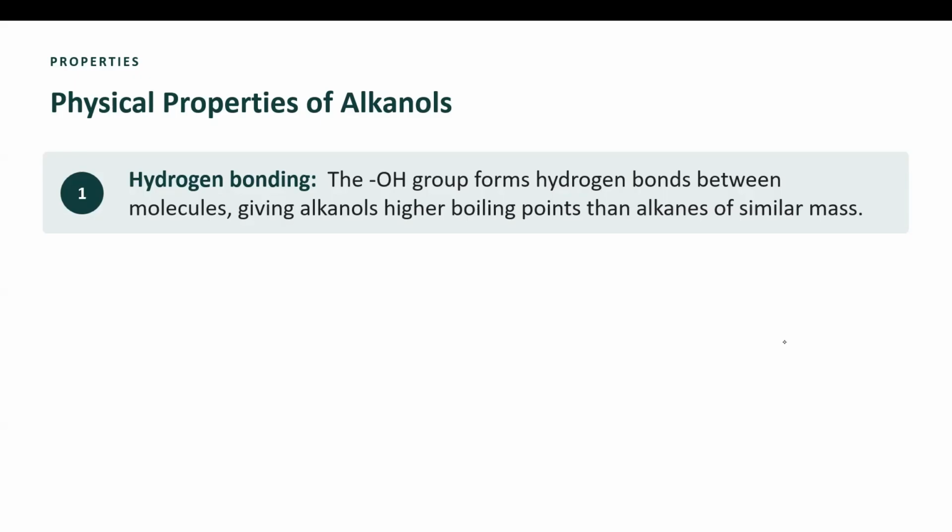But what is hydrogen bonding? We must recall. Hydrogen bonding is the intermolecular force of attraction between hydrogen and highly electronegative elements such as oxygen, fluorine, and nitrogen. In this case, because there is OH group, let me show you just for illustration.